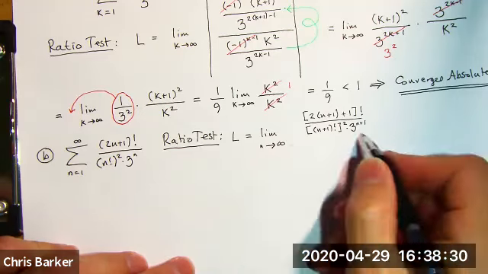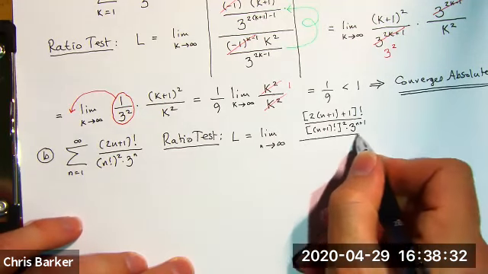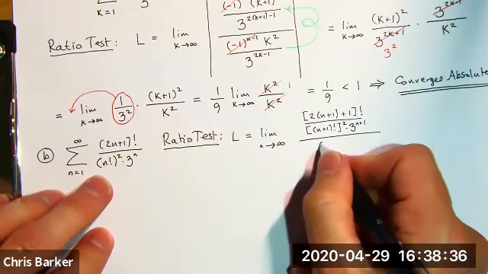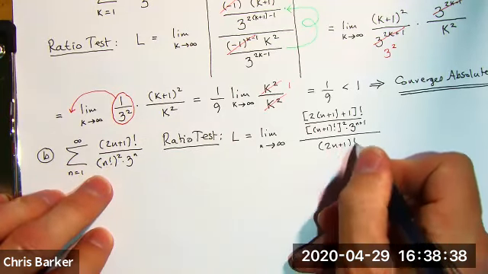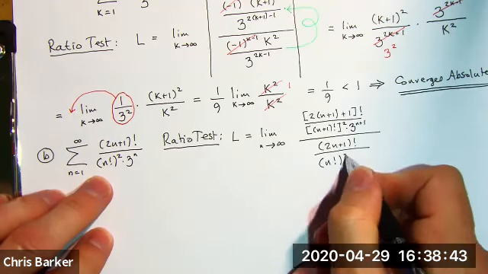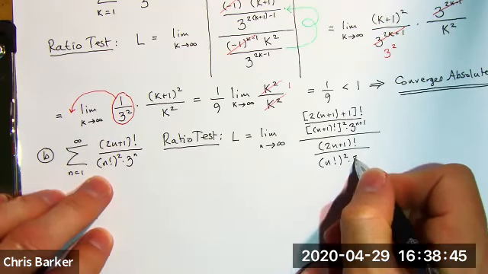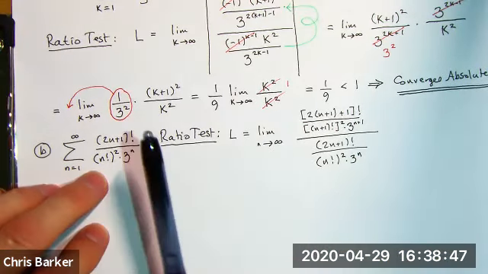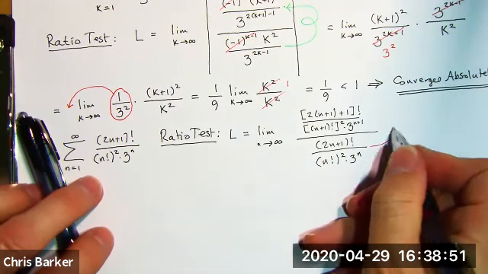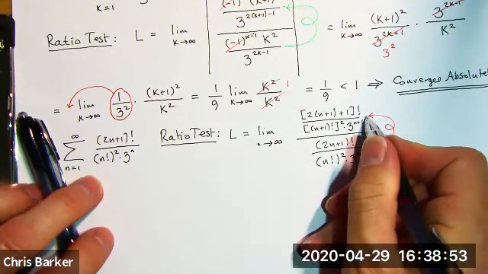All right, over the original n version. So that's (2n plus 1) factorial over (n factorial) squared times 3 to the n. All right, and then we do the usual. We take this denominator, flip it, and multiply by the numerator.